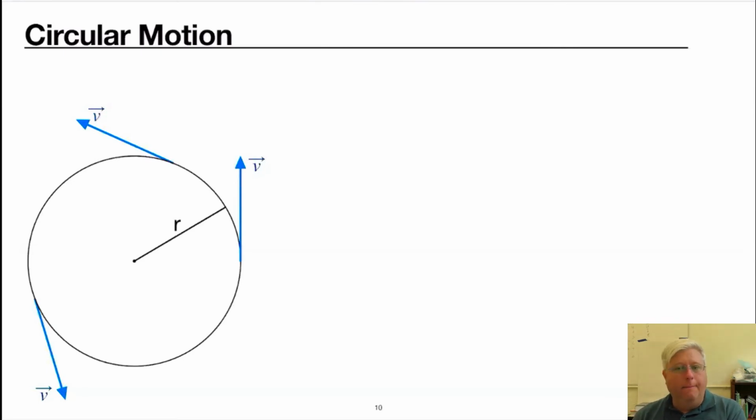Well, what is the cause of an object moving in a circle? It's moving in a circle because there's got to be some force causing it to do so, and since the velocity is changing, what do we know? Velocity is technically changing.